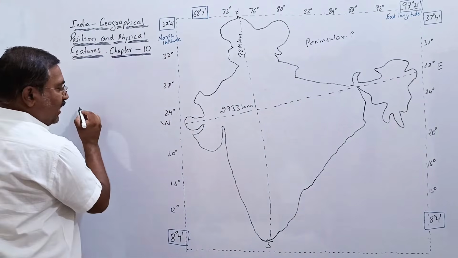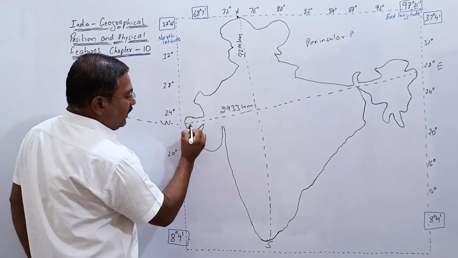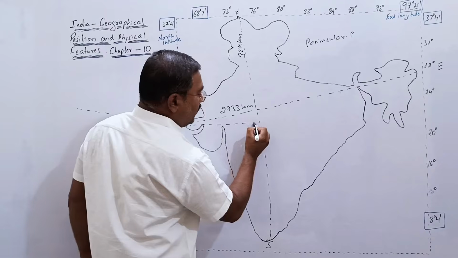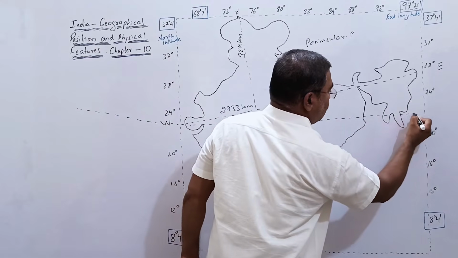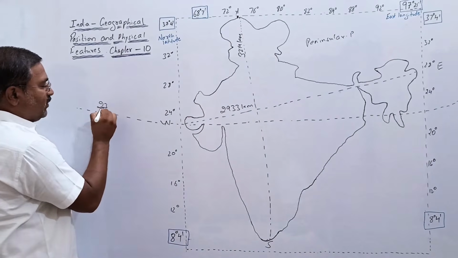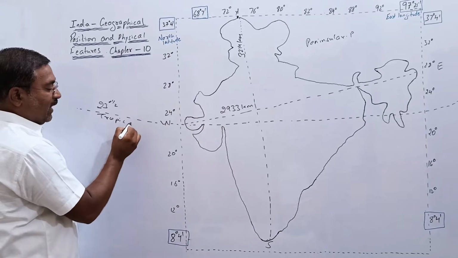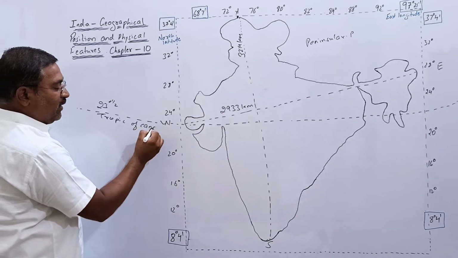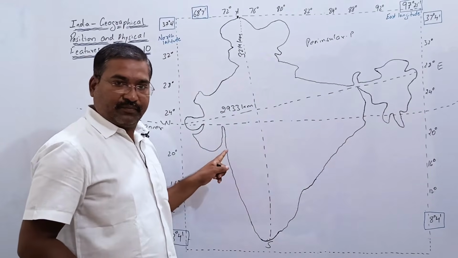The 23.5 Tropic of Cancer separates India into two equal parts.